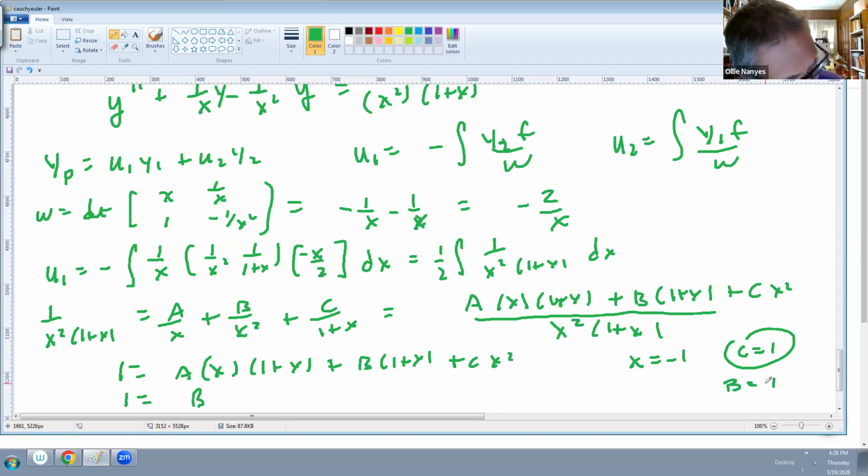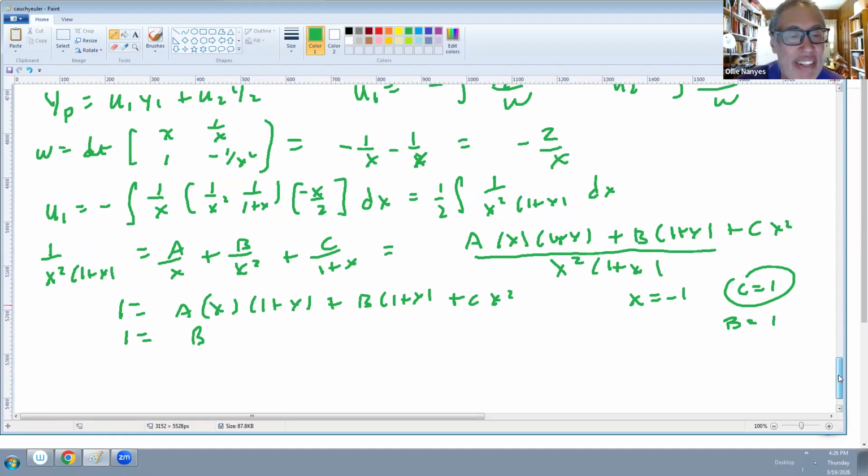And then we can try anything for the third one. So let's try x equal to positive 1.